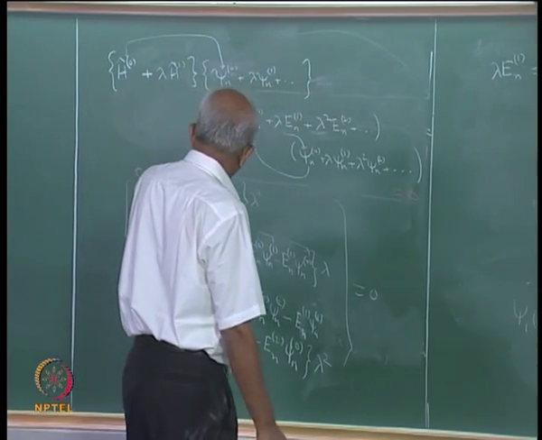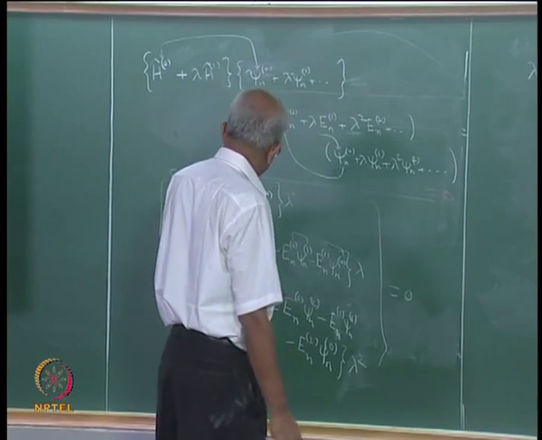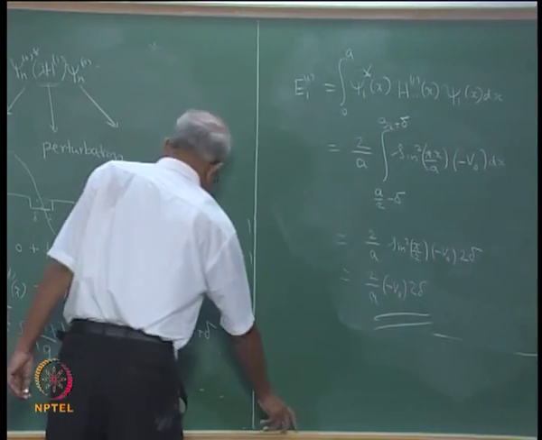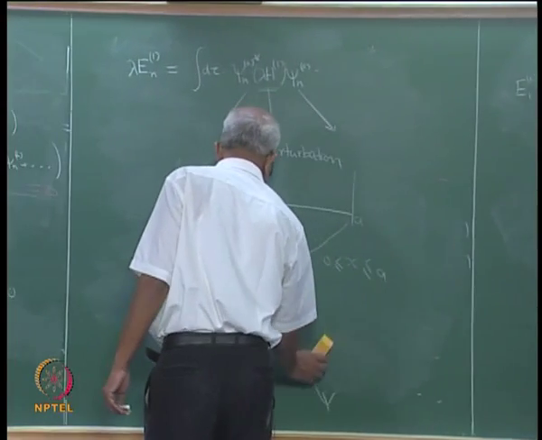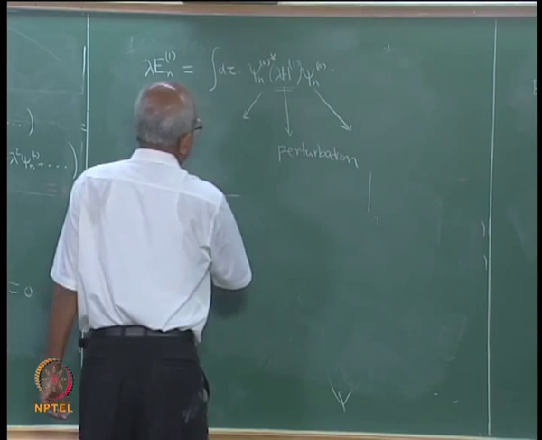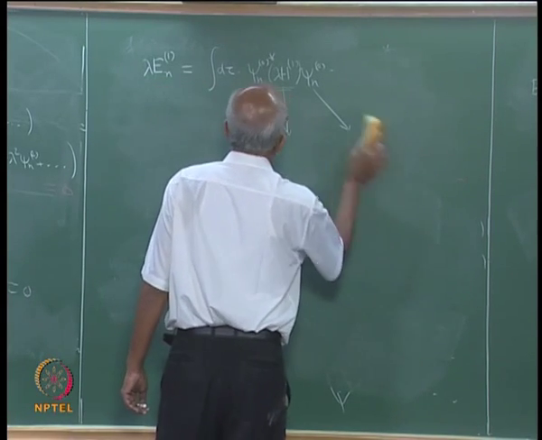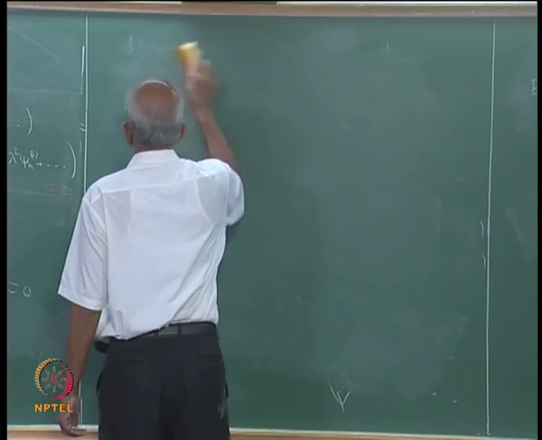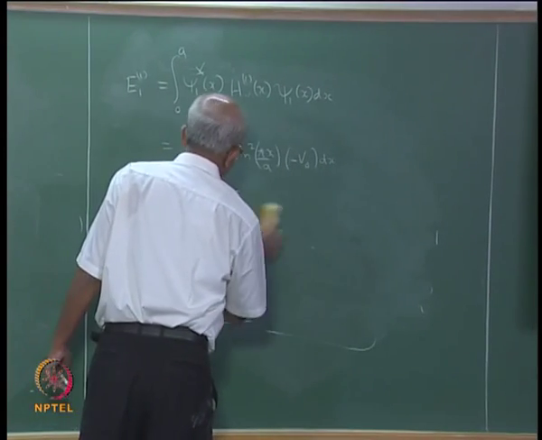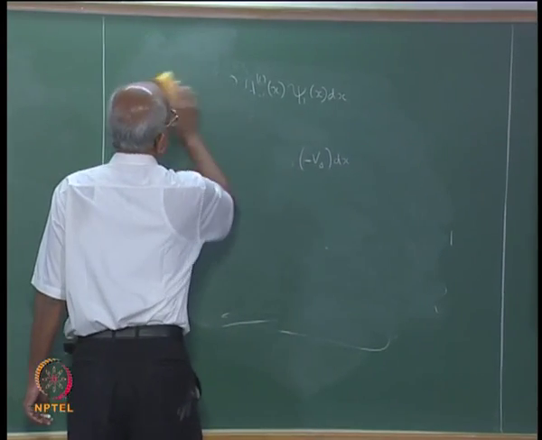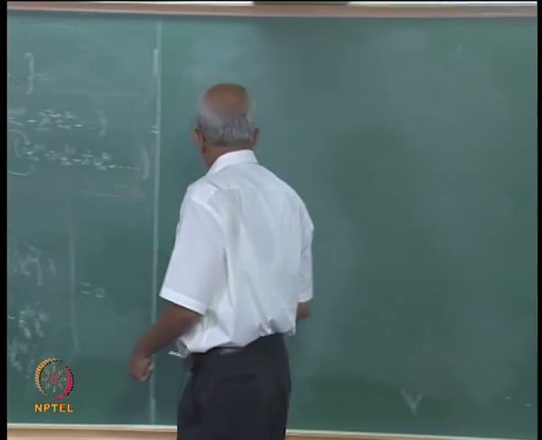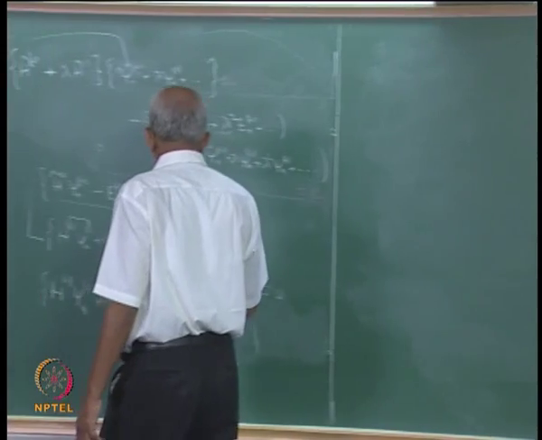So, now I would also like to derive an expression for the correction to the wave function. What is it that I want to do? Unfortunately, I removed that equation, but I have it here.